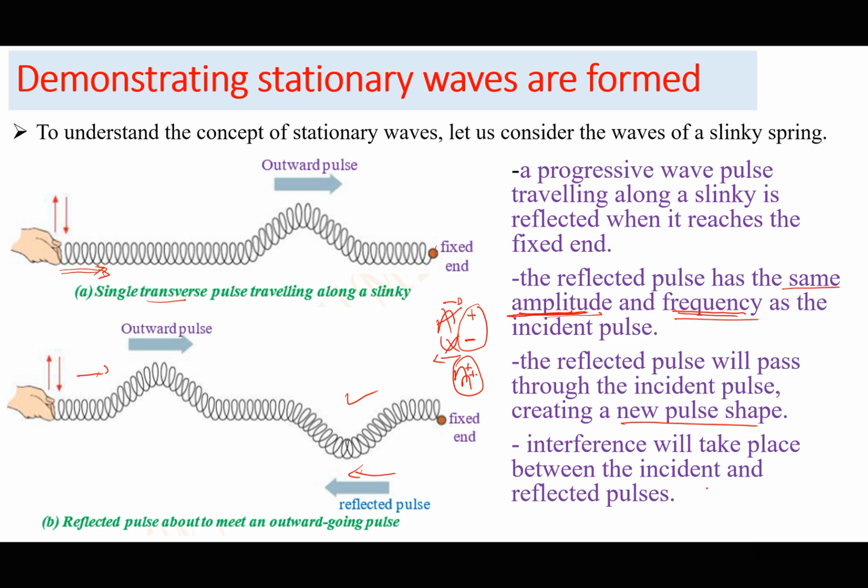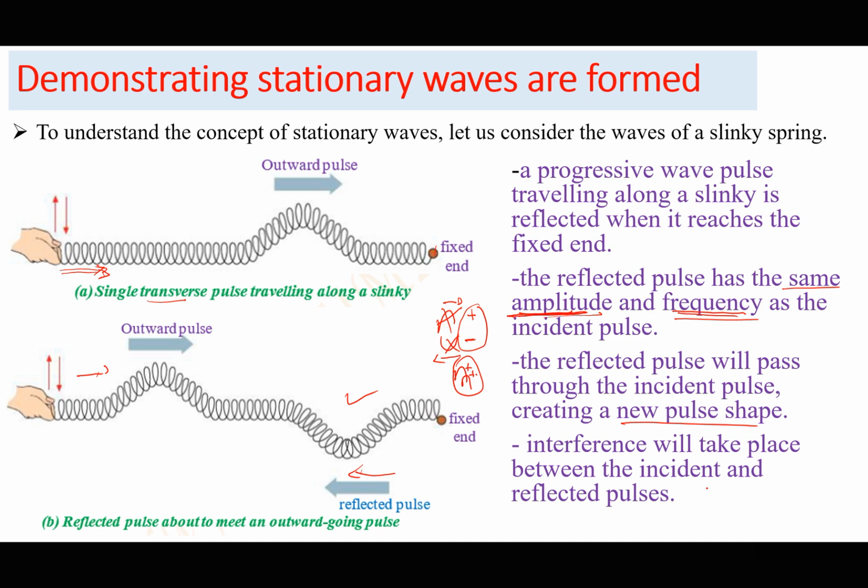When the incident and reflected pulse meet at a point, interference is going to take place, because the reflected pulse is going to tend to pass through the incident pulse.